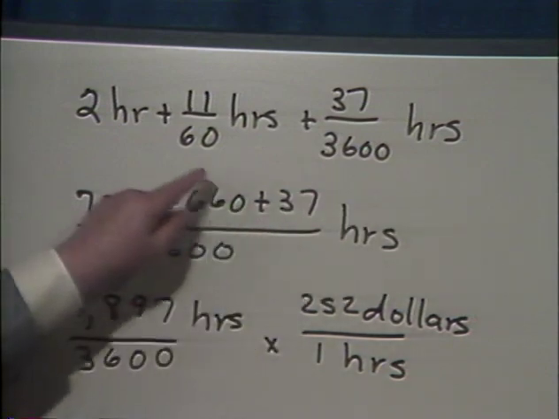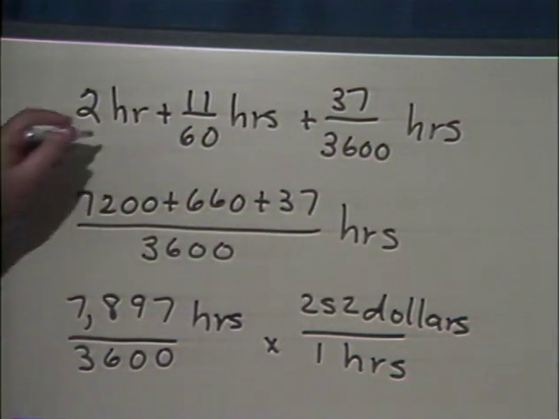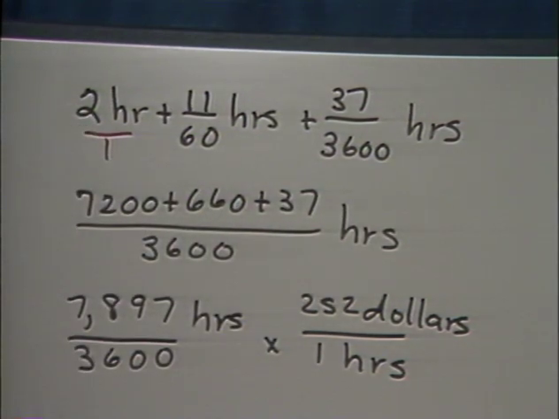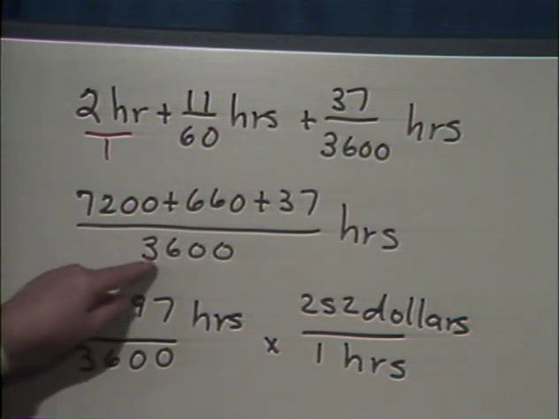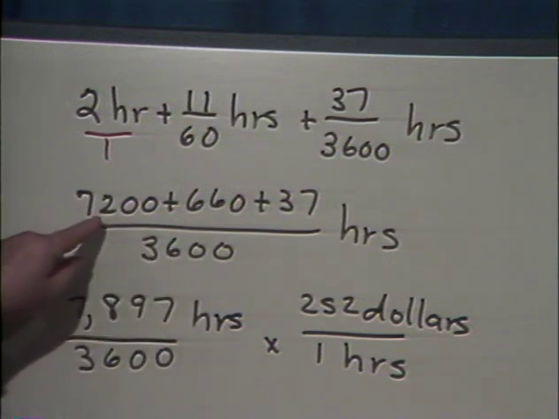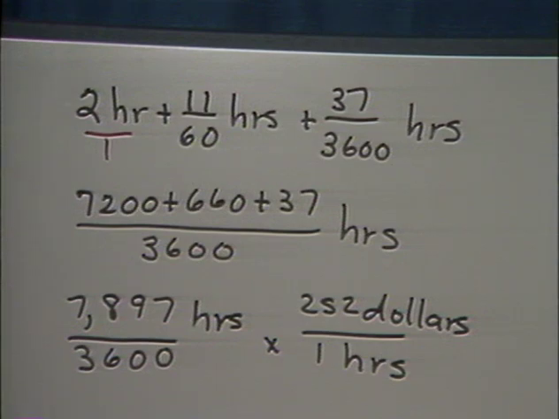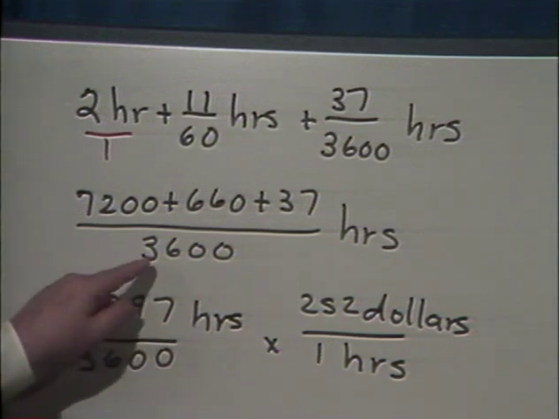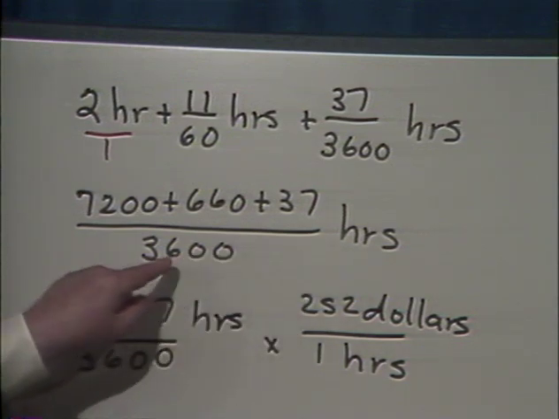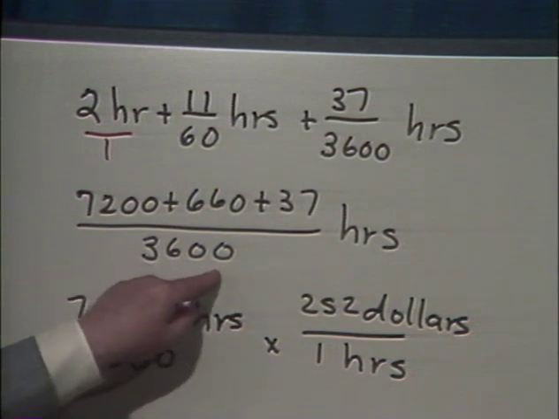37/3,600ths of an hour. Now, how do you add? You put everything over a common denominator. Your common denominator here is 3,600. So you have the same 7,200 plus 660 plus 37 that we had before. But since the label is hours, the 3,600 comes in here because that's how many seconds there are in an hour.